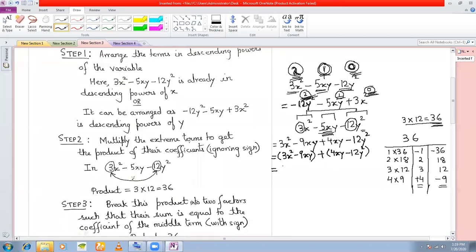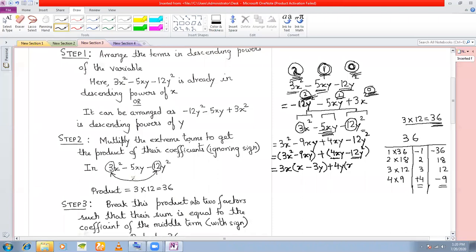So now what I do is I take out the HCF. What is the HCF of 3x square and 9xy? It is simply 3x. So if I take out 3x from 3x square, I'm only left with x, and if I take out 3x from 9xy, I'm left with 3y. Agreed or not? HCF of 4xy and 12y square is 4y.